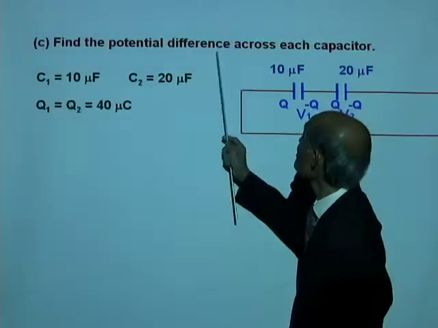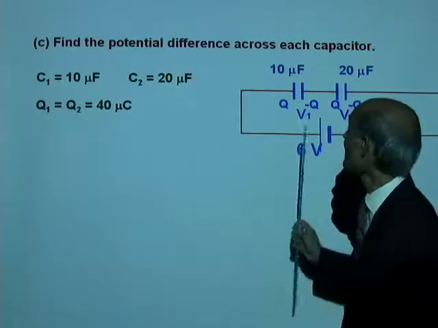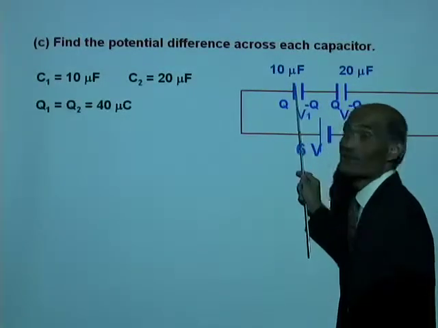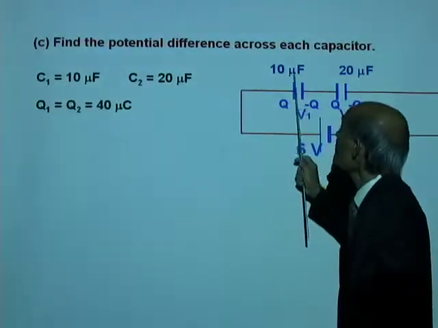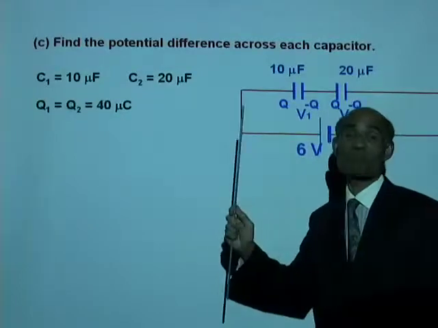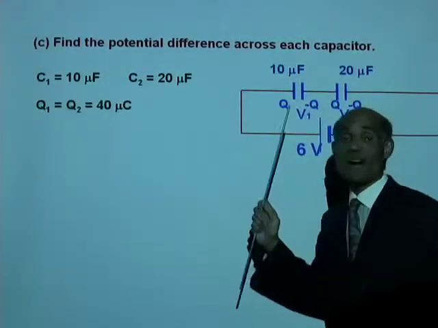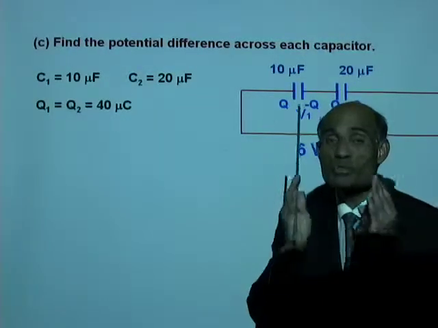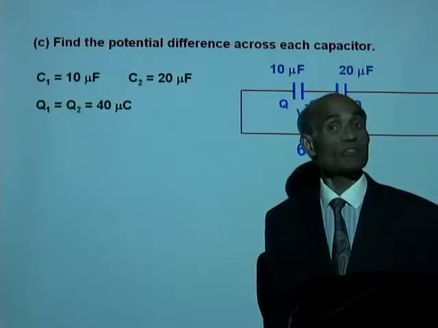Find the potential difference across each capacitor. Well, you know the charge on capacitor 1. How much is it? 40 microcoulomb. You know the capacitance of the first capacitor. Well, if you know the capacitance and the charge on the capacitor, can you find the potential difference across the plates of the capacitor? Yes.